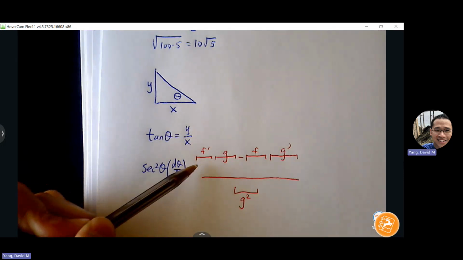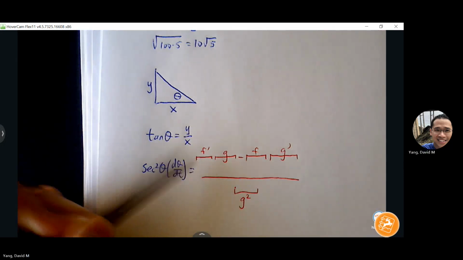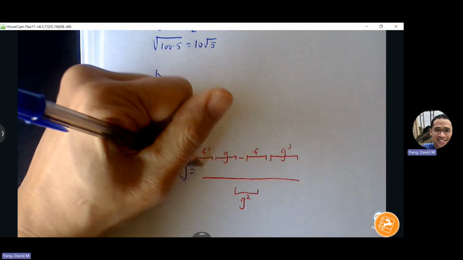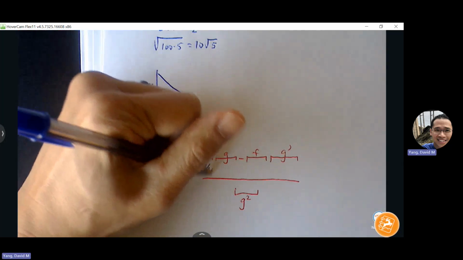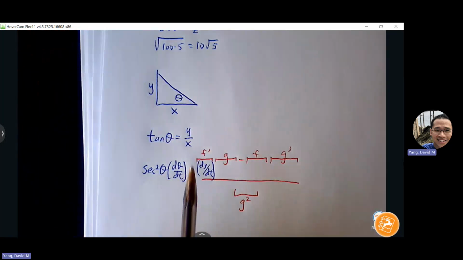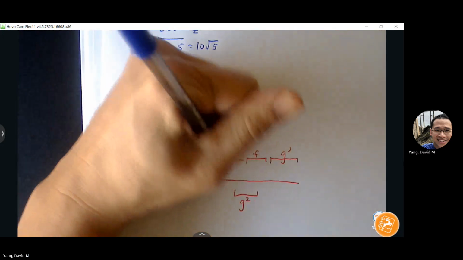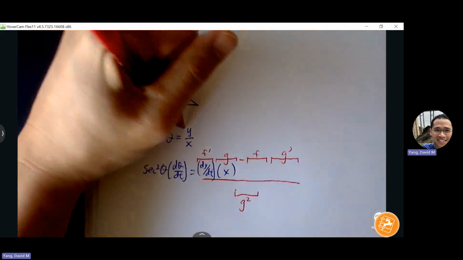Okay, what's y's derivative? dy over dt, yeah. Everything is going to get impacted by time. Let me label here.